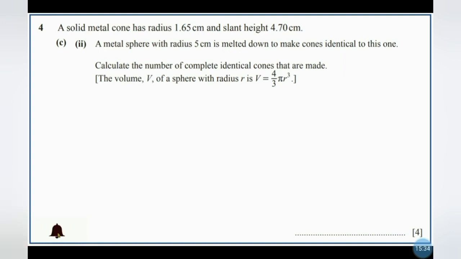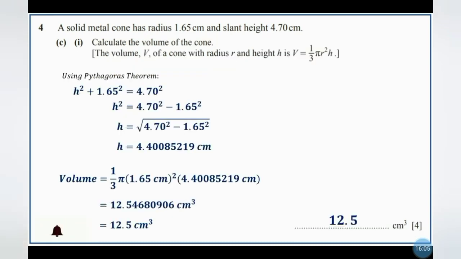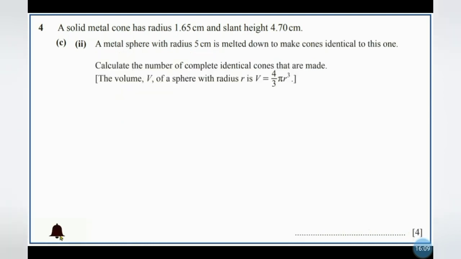First and foremost, I have to calculate the volume of this metal sphere so that I know how to divide it. I need to divide it by the volume of the cones, and you know already that the volume of the cone is 12.5 centimeter cube. So find out first the volume of the sphere.